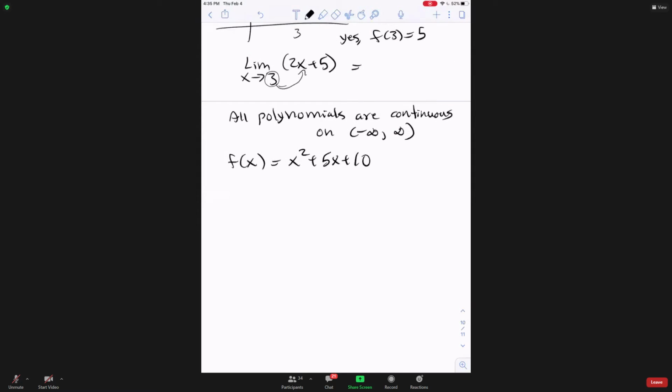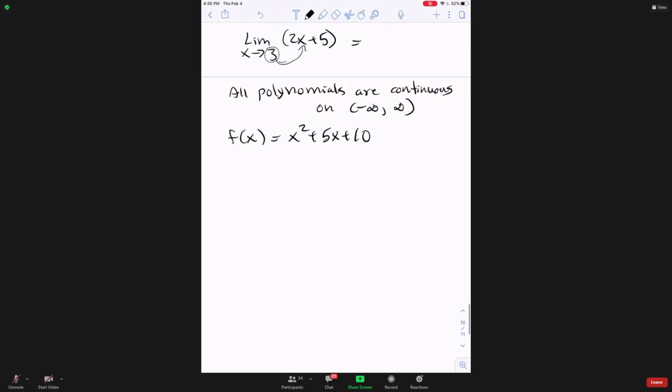So let me go over a few different types of discontinuity. For example, if you have a graph that looks like this, now you don't have to memorize this. I don't ask you questions like, hey, what kind of discontinuity is this? But the book might, and just for your own general knowledge, this is a removable discontinuity. That's just the name of it, because that point is kind of removed from its place.